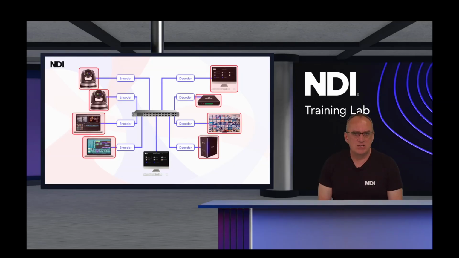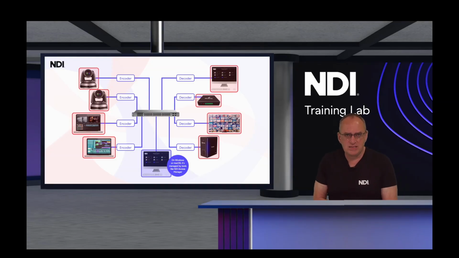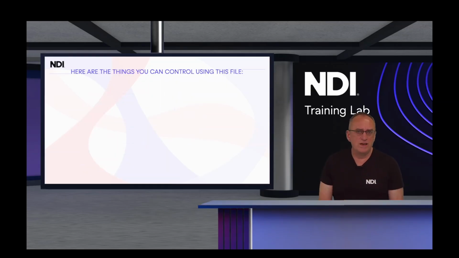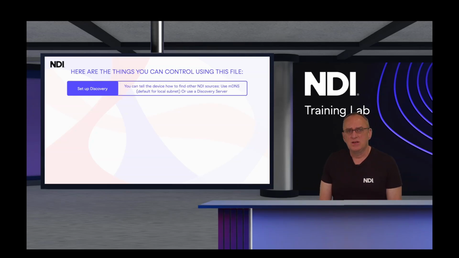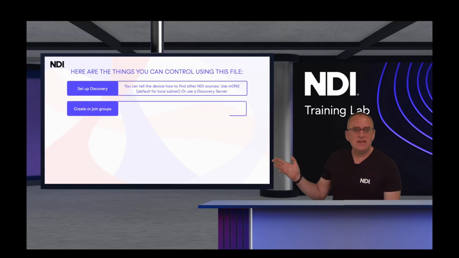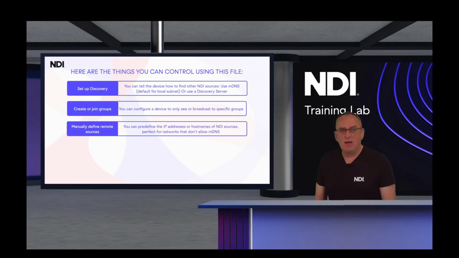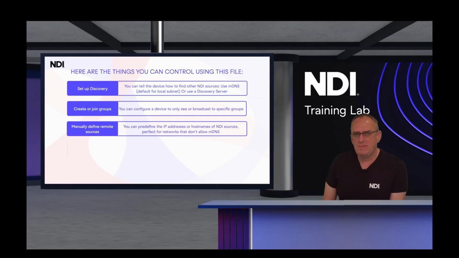So where is it, this configuration file? Well, on Windows or macOS, it's managed via the NDI Access Manager, and on embedded Linux, it's edited manually. Examples of what you configure are discovery method, mDNS or discovery server, group membership, send and receive visibility zones, or manual source entries, IP-based for firewalls or VPNs.